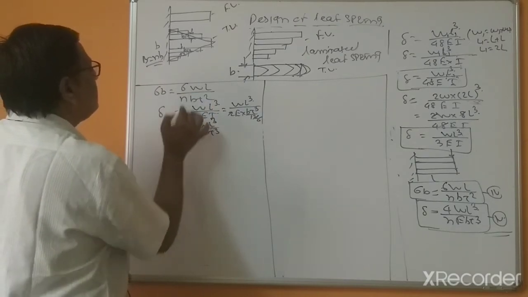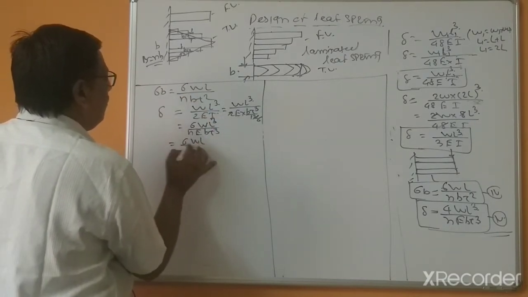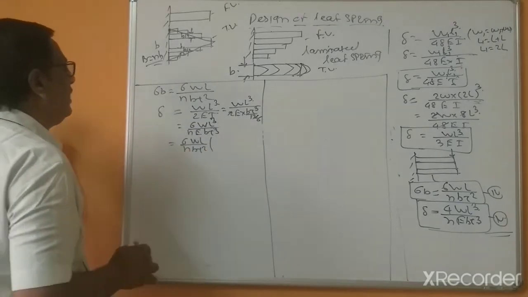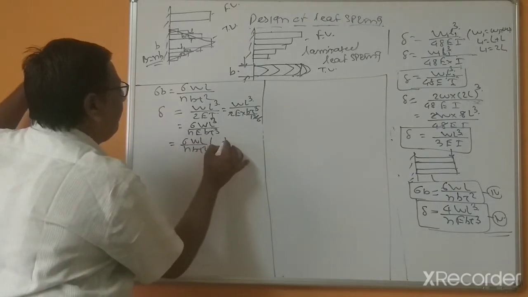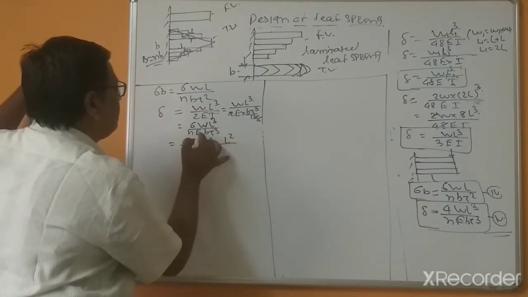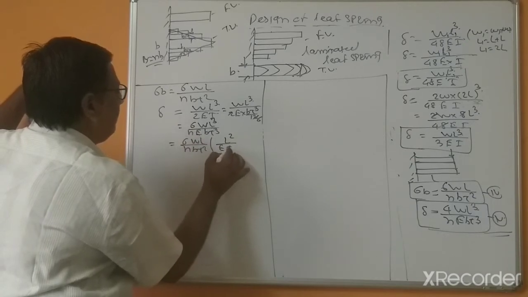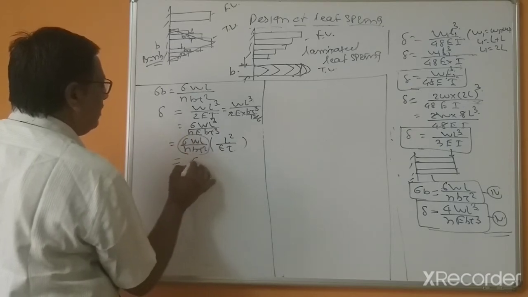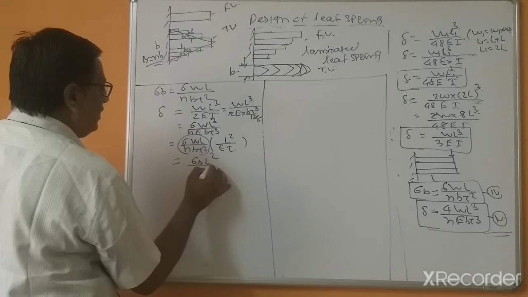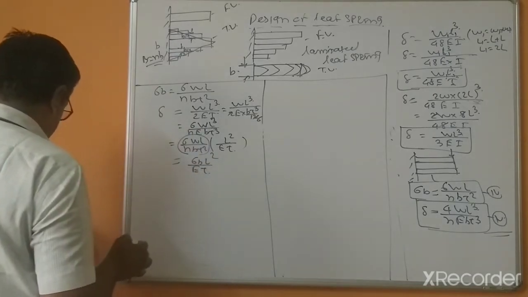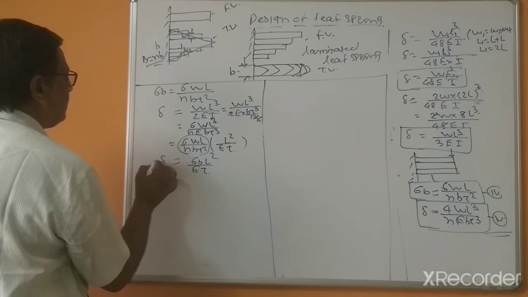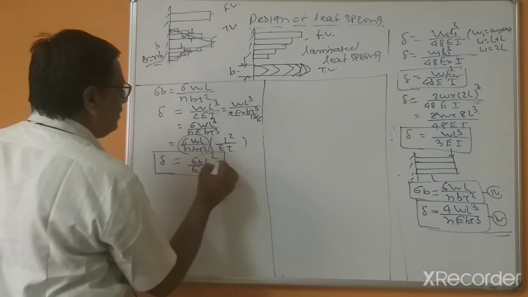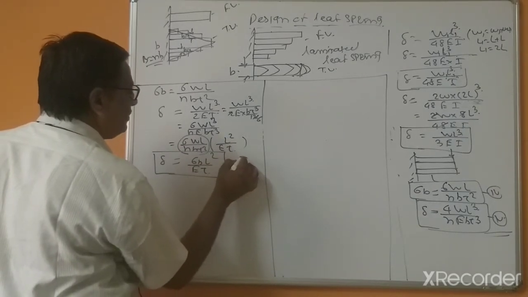Now by taking common, this is 6WL by NBT squared. So what is remaining in the brackets? L square, and this is E into T, and this is nothing but sigma B L squared divided by ET. This is the deflection. So this is actually the deflection equation, and this is the 6th equation.